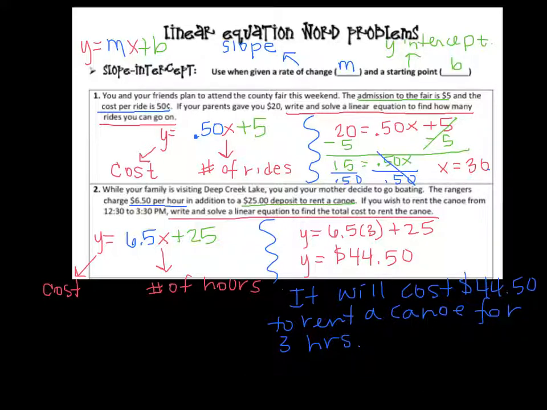But let's go ahead and talk about some standard form equations. Okay, so you're going to use standard form, which remember is ax plus by equals c, where a and b do not both equal 0. You're going to use this when the problem relates two different objects.